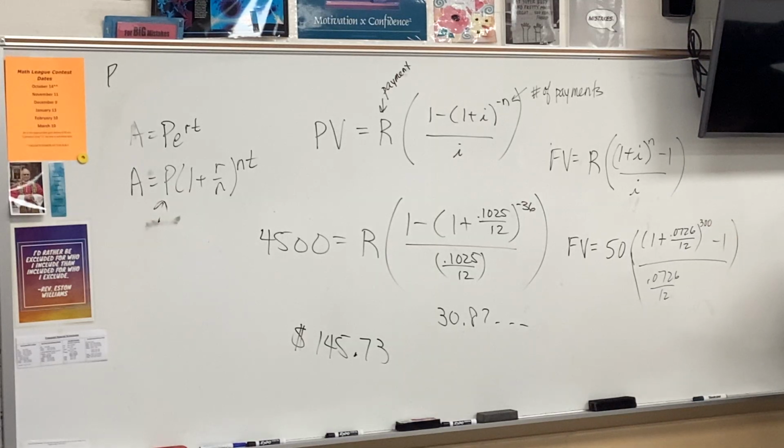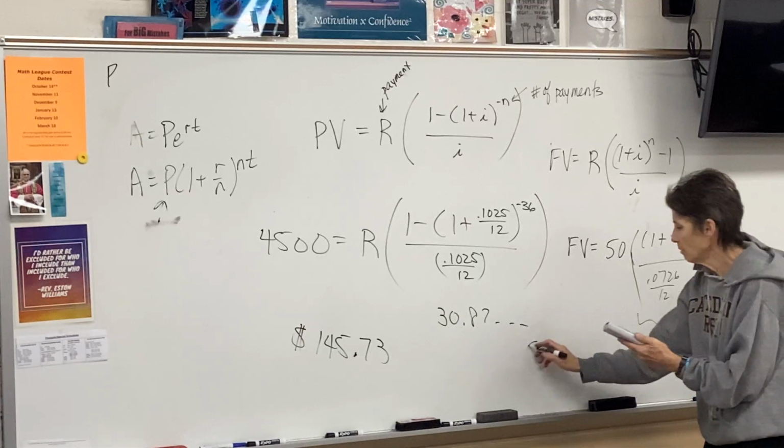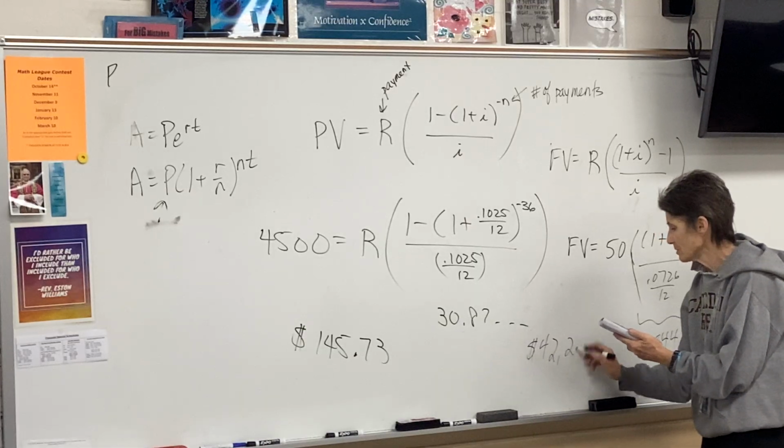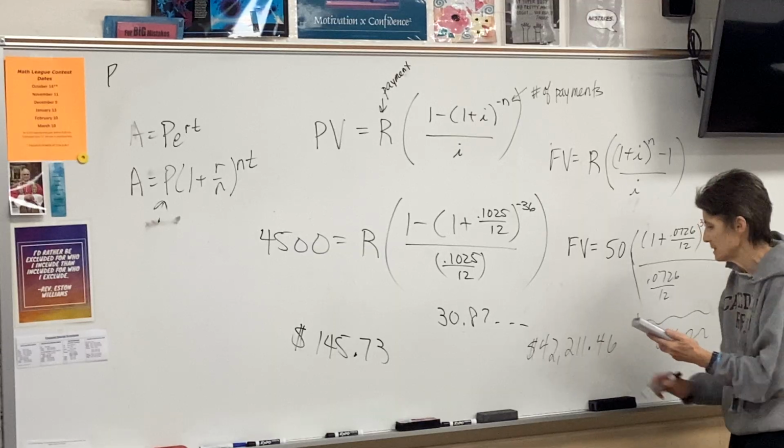So parentheses, 1 plus 0.0726 divided by 12. Close the parentheses, raise to the 300th, and subtract 1. And then divide that by parentheses 0.0726 divided by 12. And this came out to be 844.22 something. Just take it times 50. And her account will be worth $42,211.46.